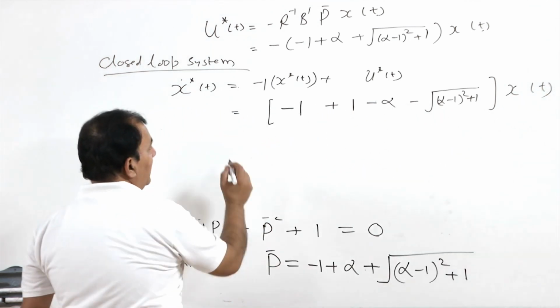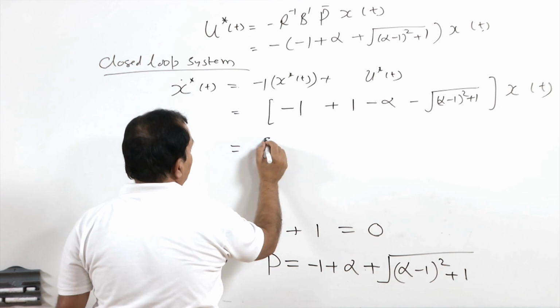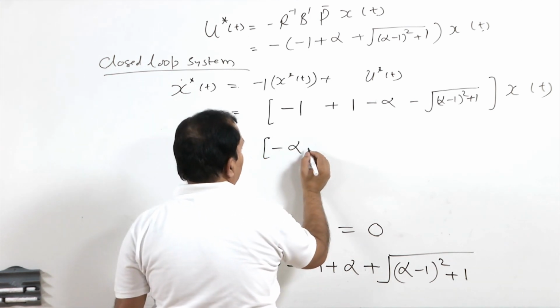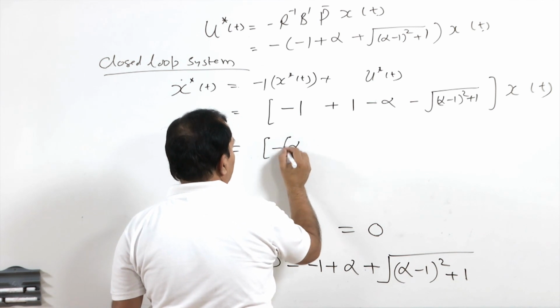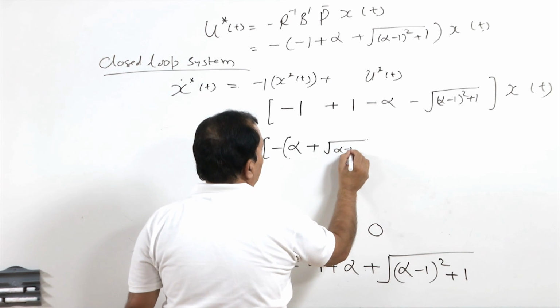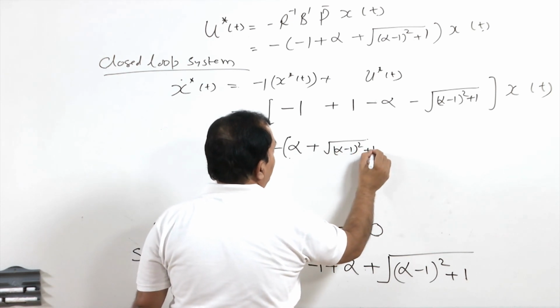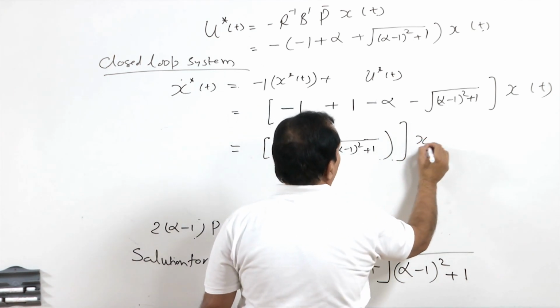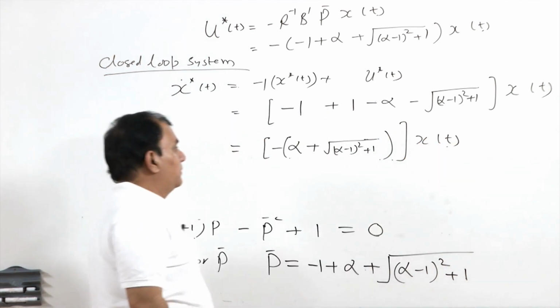So, if you will simplify this, this is nothing but minus alpha minus alpha plus under root alpha minus 1 square plus 1 into x of t.